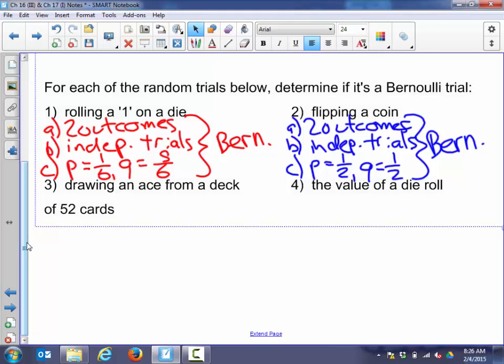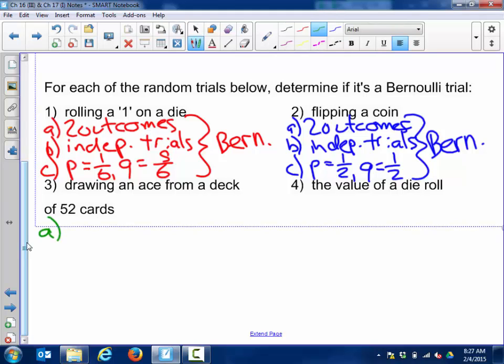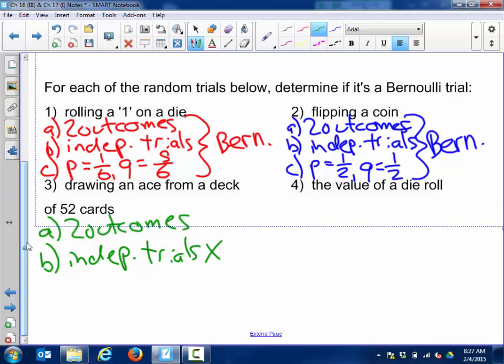Drawing an ace from a deck of 52 cards. Well, this could be a Bernoulli trial. It looks from the wording here like it isn't because they don't mention that you're replacing the card that you're drawing. So even though, yes, there are 2 outcomes, you either get an ace or you don't get the ace, the independence condition is not met.